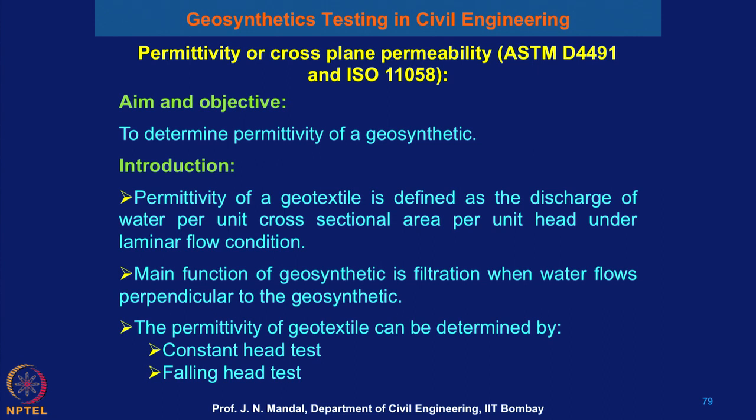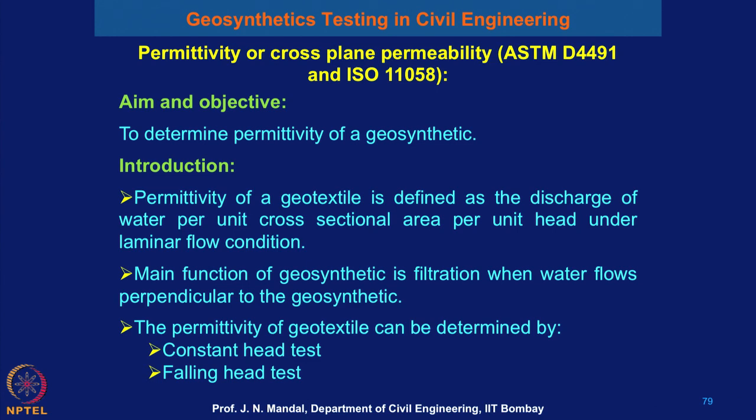Now, what do we mean by permittivity? Permittivity of a geosynthetic is defined as the discharge of water per unit cross-sectional area per unit head under laminar flow conditions. The main function of the geosynthetic here is filtration, when the water flows perpendicular to the geosynthetic material.